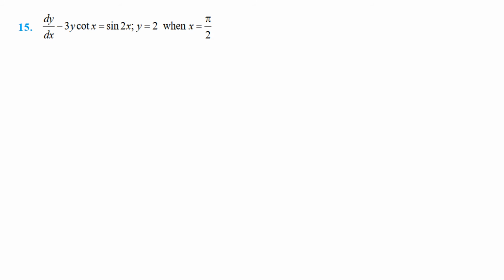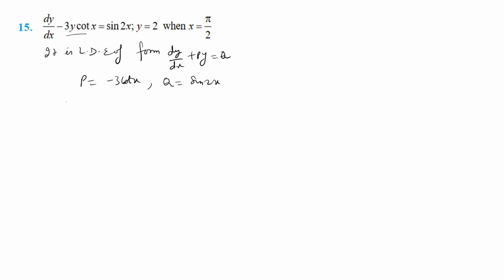Question number 15 here: it is a linear differential equation of the form dy by dx plus Py is equal to Q. So P here is minus 3 cot x and Q here is sin 2x.